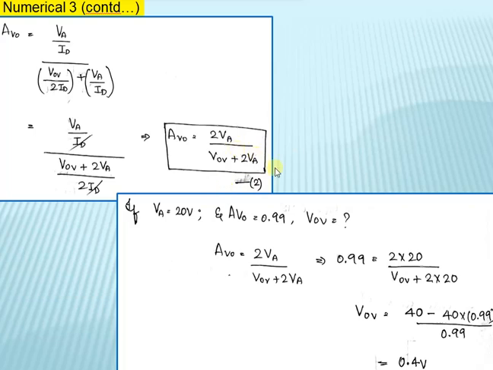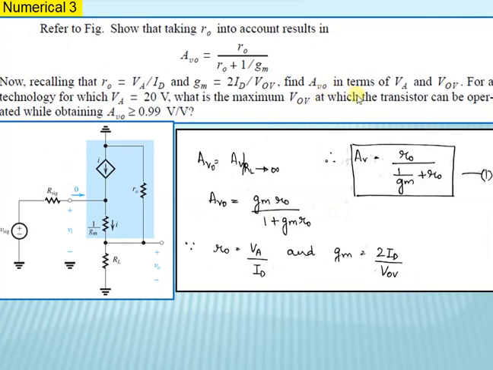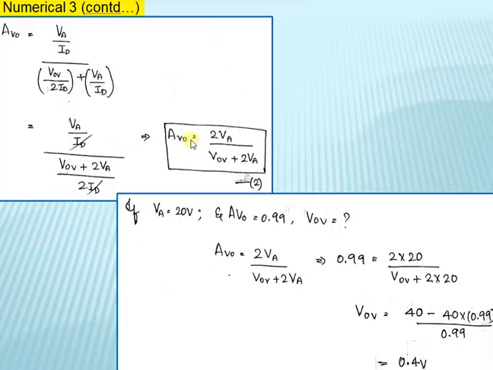And they have also asked us, saying if the value of VA is 20 and AV0 is equal to 0.99, what will be the value of the overdrive voltage? So what we are going to do is, in the equation 2, we will be substituting the value of VA and AV0, and this gives us a value of 0.4 volts.